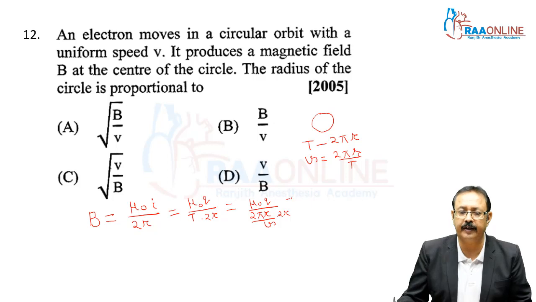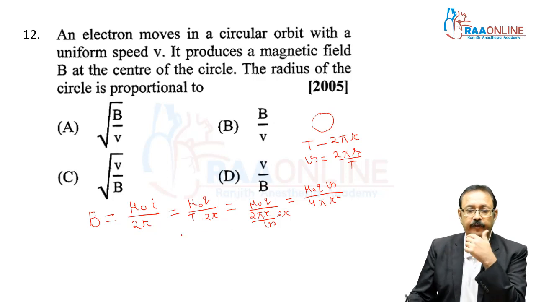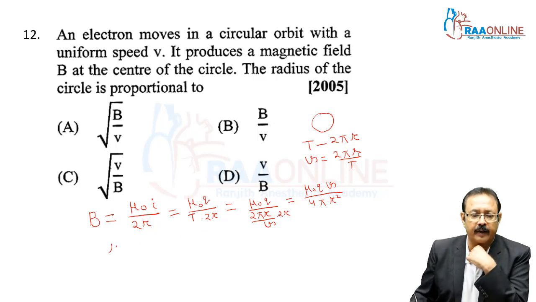So what are we getting? Take v in numerator: mu naught q v divided by 4 pi R square. So what are we observing here?